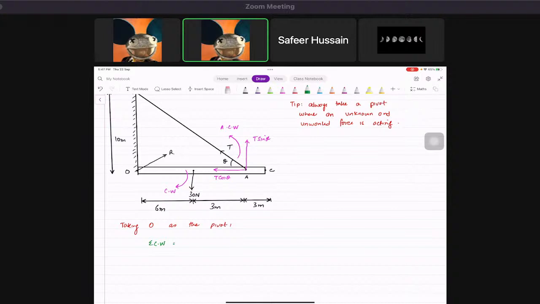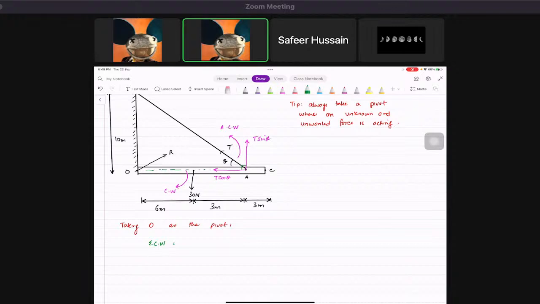And then about O, I took the direction, so 30 newtons will try to turn it clockwise, and t sine theta and t cos theta are components of the T, right? So I did it because I want to get the perpendicular force out of them. T is not perpendicular. This is perpendicular. So I'm ignoring t cos theta because it does not have a perpendicular distance about the pivot, right? Do you understand what I'm saying?